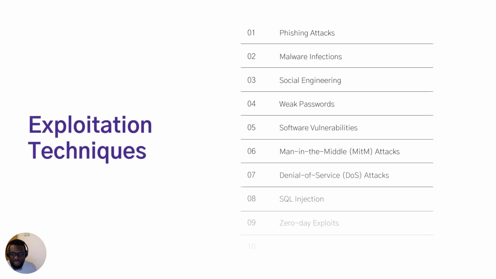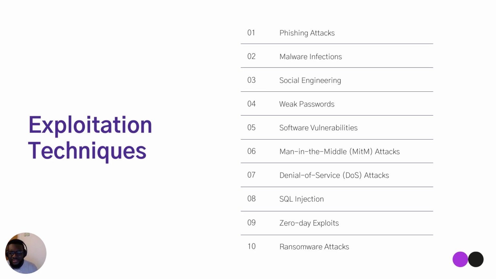So let's discuss some of the exploitation techniques. You might have heard about phishing attacks. This is an exploitation technique because if someone falls for a phishing attack and they click on a link or whatever, sometimes that link might be a link to a malware. It might be a link to a credential harvesting website where it looks like a legitimate website, and then the user puts in their credentials.